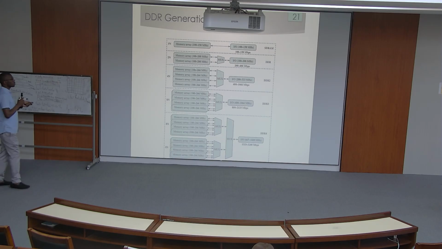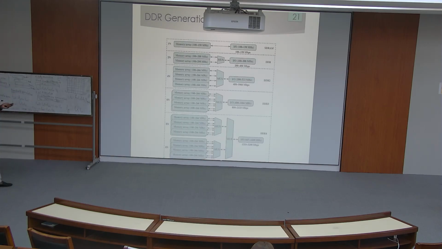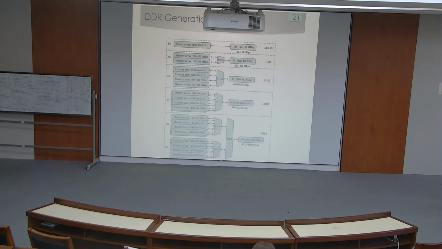So this is very important to note that with 4-bit prefetch, we have a 4 times speed up. For DDR3, how many bits does it prefetch? It has 8-bit prefetch, and the data rate for input-output is between 800 and 2133 megabits per second.